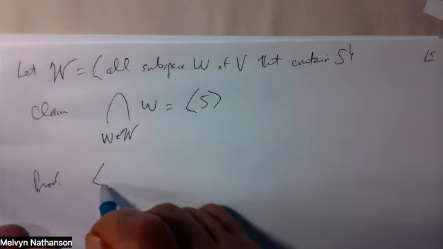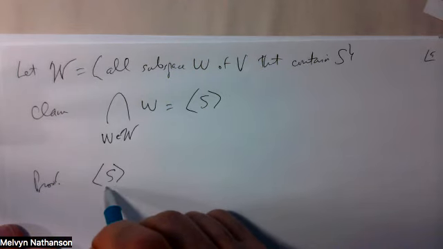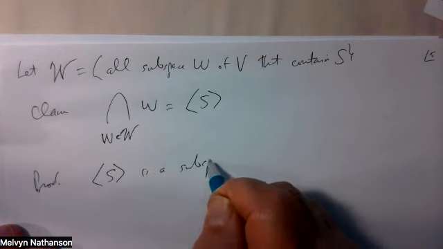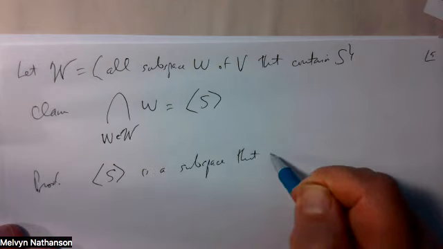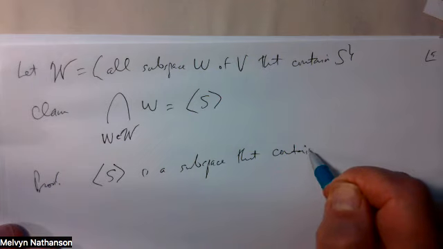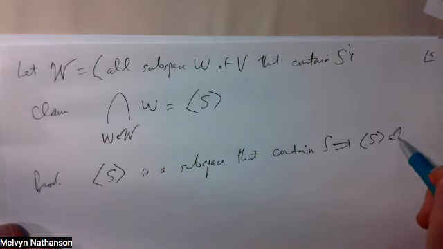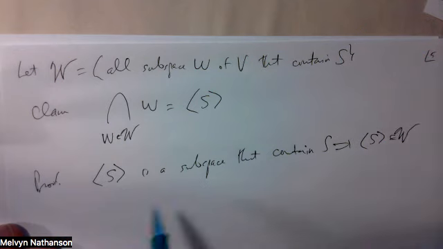First of all, the subspace generated by S is a subspace that contains S. So this is in the set script W.